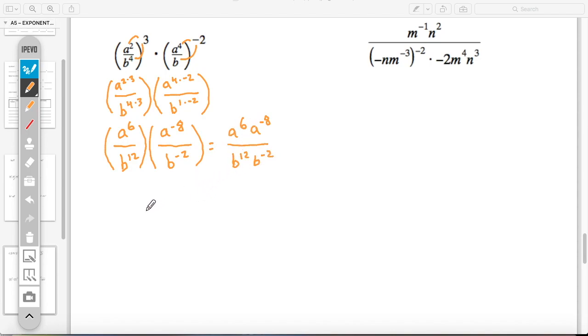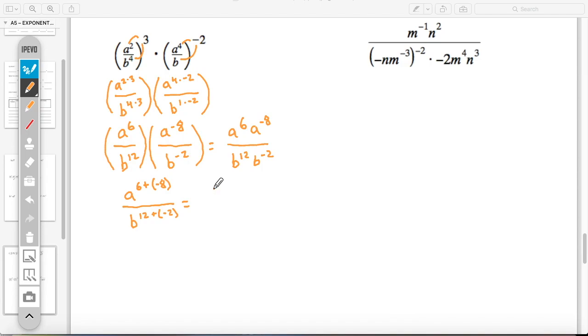Okay, so I'm going to combine like bases. So I have a to the 6 plus negative 8 divided by b to the 12 plus negative 2.